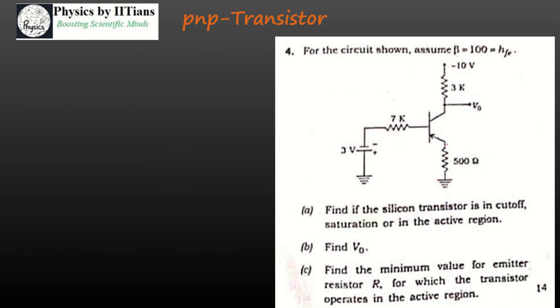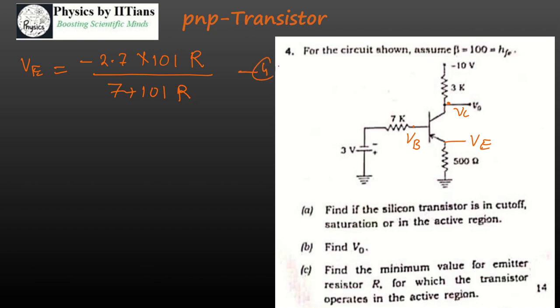First write the voltage at the emitter, VE, then at the base, VB, and then at the collector, VC. So VE will be just R times IE, right? So it is negative R times IE. IE was 2.7 times 101 over 7 plus 101 R, so VE is negative 2.7 times 101 times R over 7 plus 101 R. So this is the fourth equation.